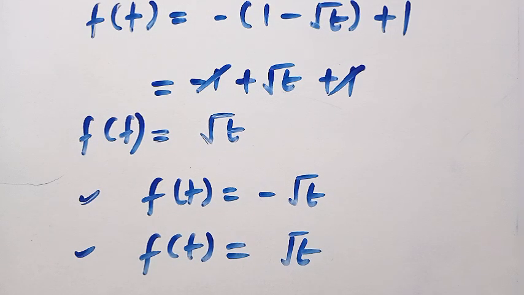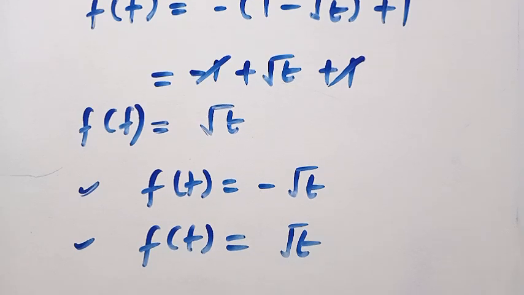I mentioned earlier that a function, when given one input, must have one output. But here we have two different outputs. One is taking negative and one is taking positive. So at this point, we need to make f of t a well-defined function.